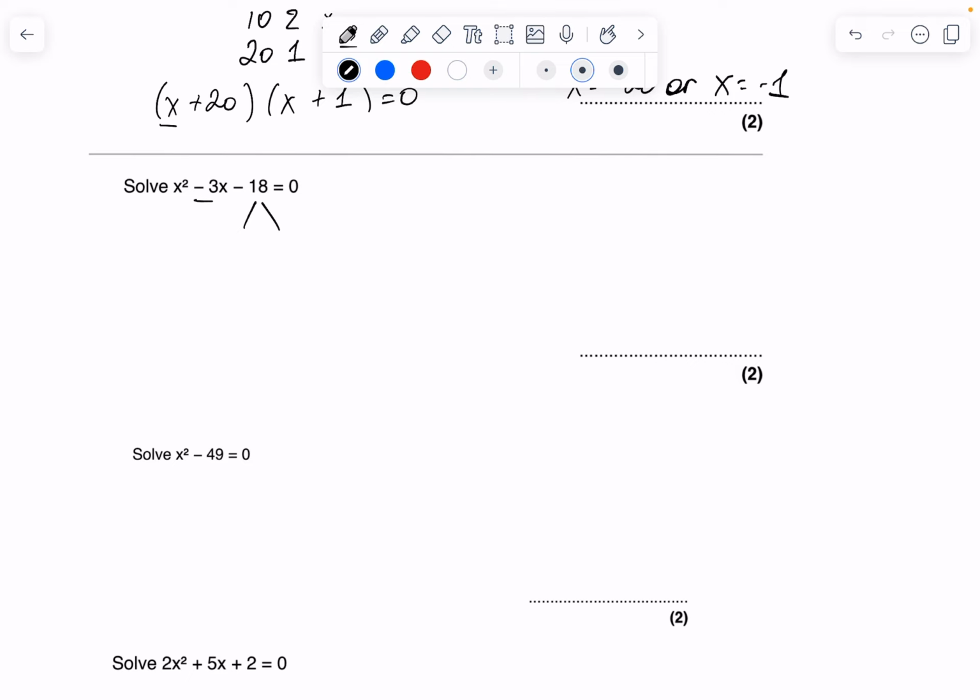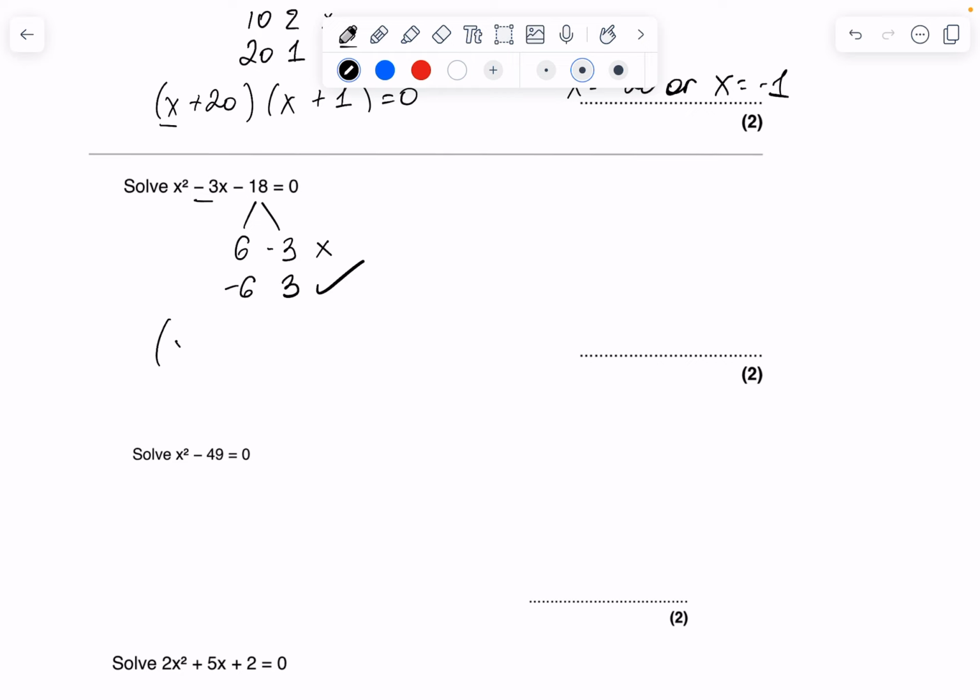The first one I can think of is 6 and negative 3. 6 times negative 3 is negative 18, but 6 plus negative 3 is not negative 3. It's positive 3. It doesn't work. So if I work with negative 6 and positive 3, that works, because negative 6 plus 3 is negative 3.